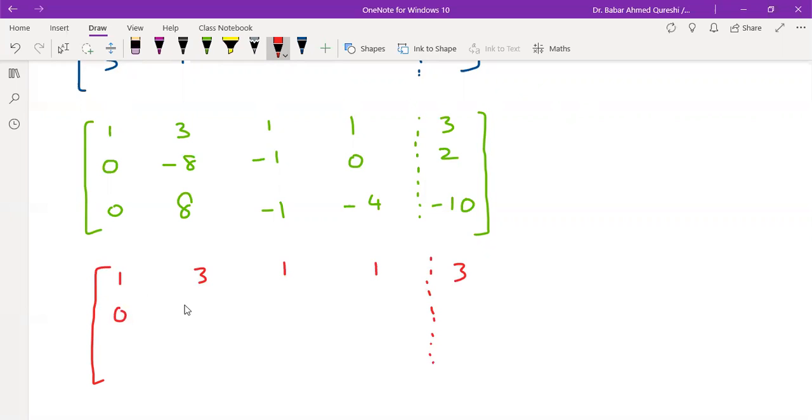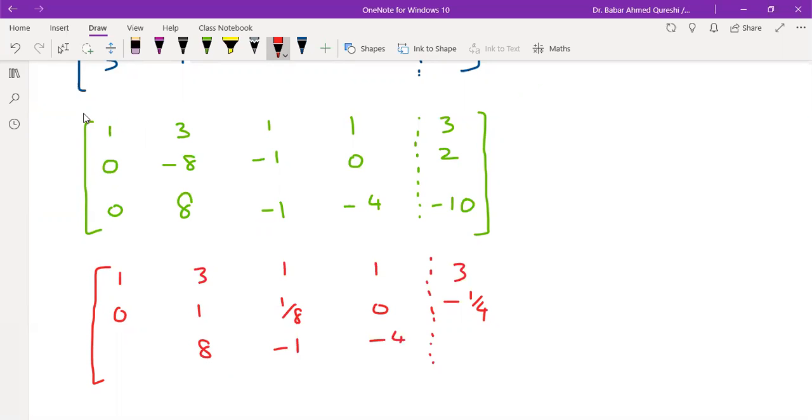So divide by minus 8 gives me a 1. And I'm dividing by minus 8, so gives me a 1 by 8, 0, minus 1 by 4. Still have an 8 here, minus 1, minus 4.